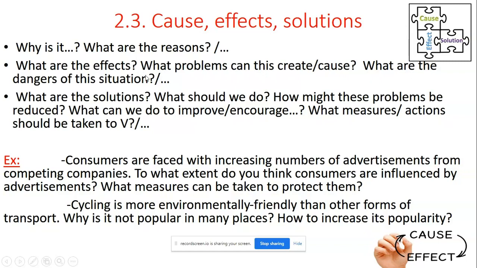What are the dangers of these situations? It's all about the effects. To ask about the solutions, they use structures like: What are the solutions? What should we do? How might these problems be reduced? What can we do to encourage somebody to vote? Or what measures, actions, or steps should be taken to vote? These are also some examples that I've collected.